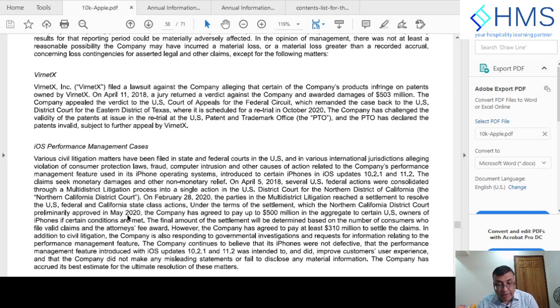The company appealed to the Court of Appeal, which remanded the case back to the US District Court, which is scheduled for a retrial in October 20. The company has challenged the validity of the patents, and the PTO has declared the patents invalid.